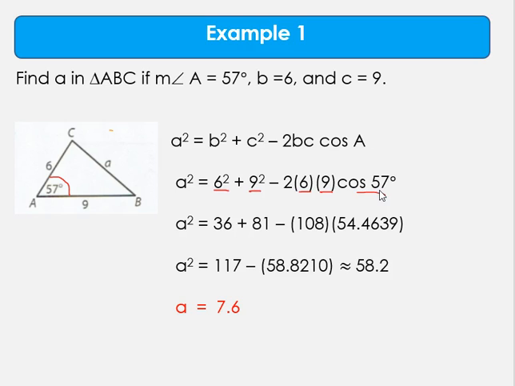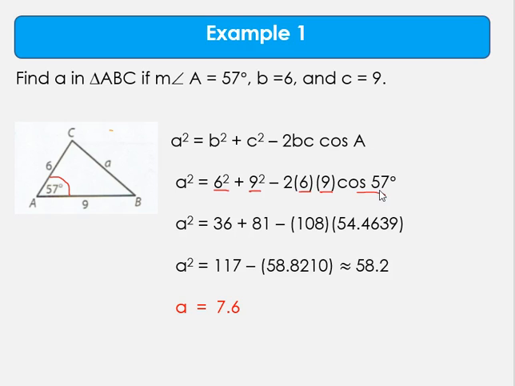Our next step is to multiply first, and that answer is in parentheses, and then we combine by adding, and then we'll subtract, and we end up with an answer that's approximately 58.2.